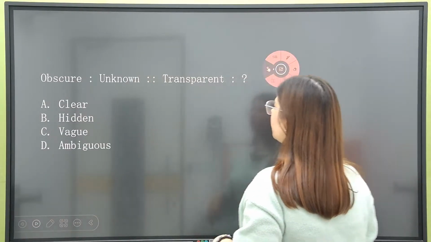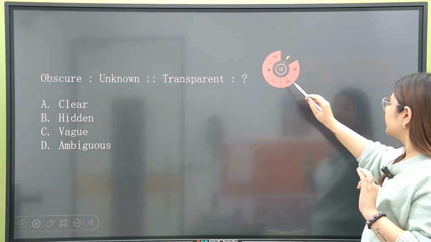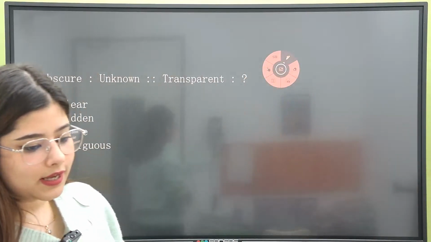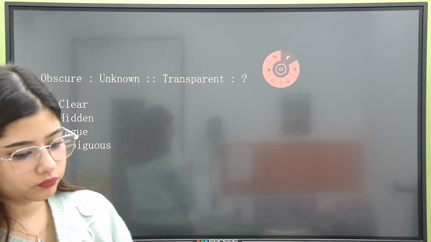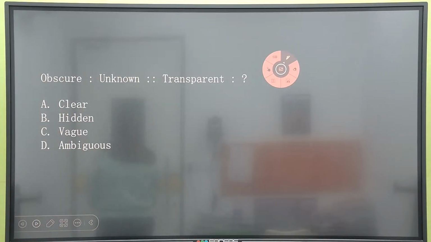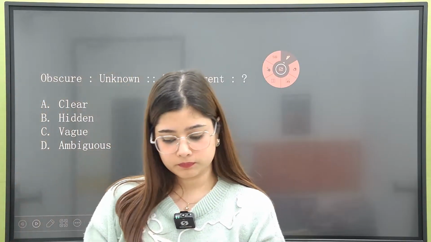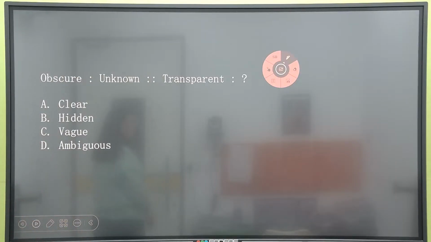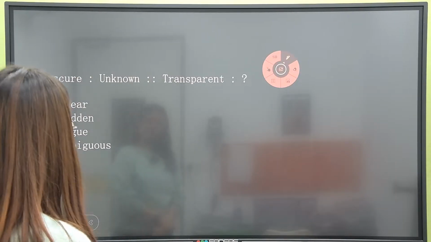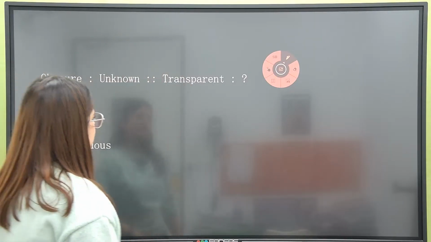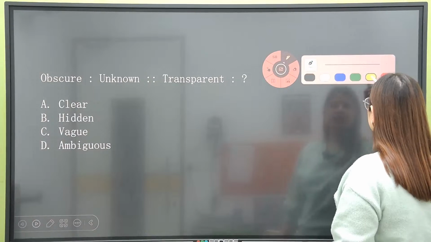Next, obscure is to unknown, such as transparent is to. Something which is obscure again is not known, not very clear.